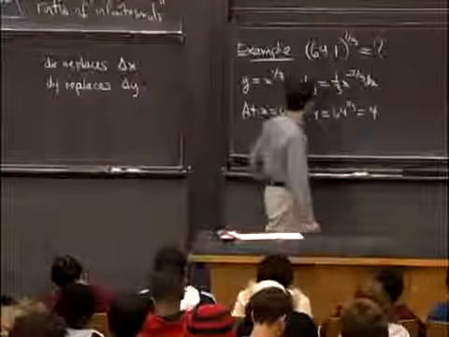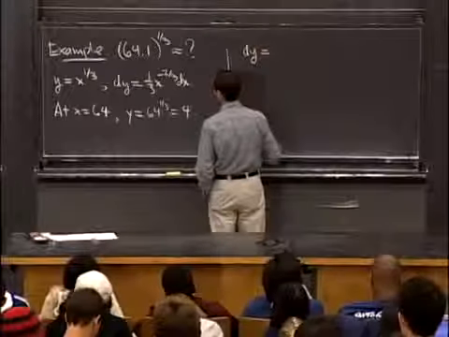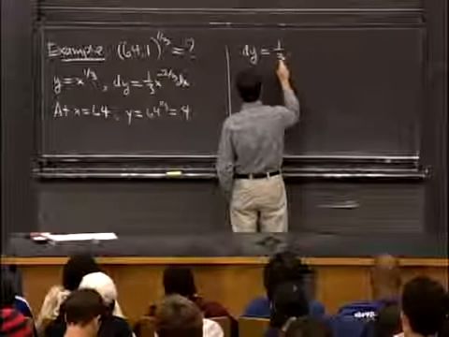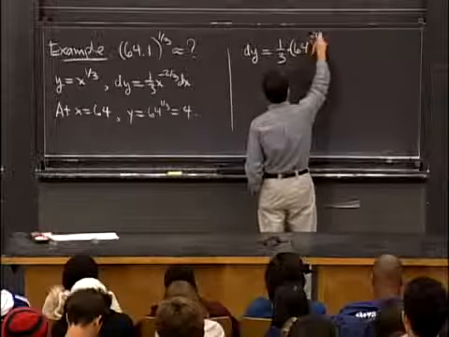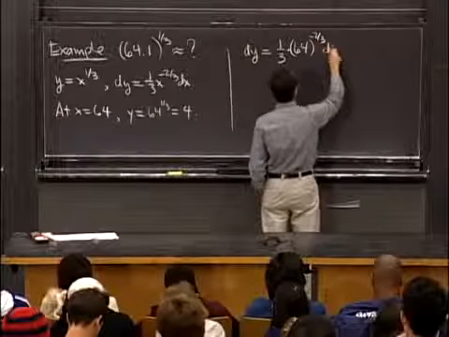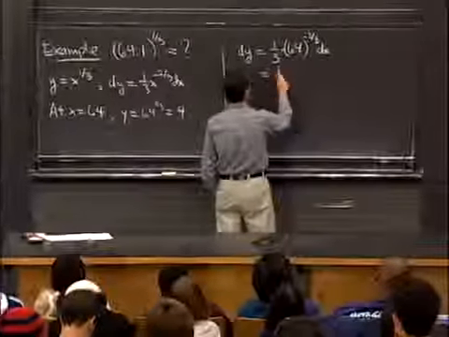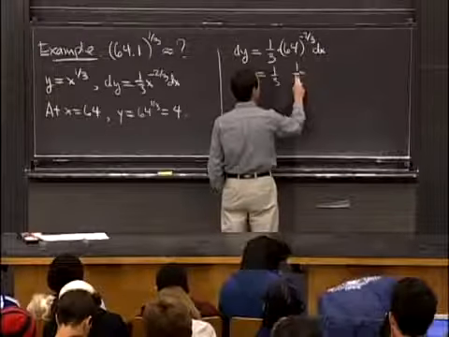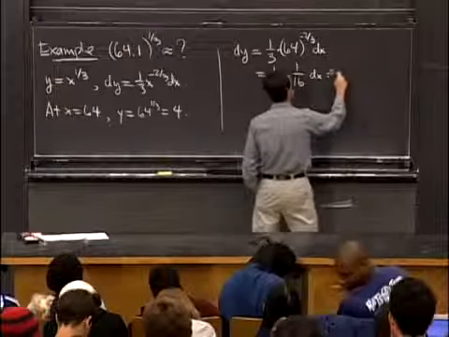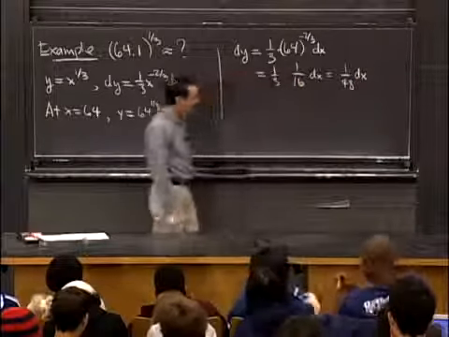Well, this is a little bit more complicated. dy is 1/3 times 64 to the minus 2/3 dx. And that is 1/3 times 1/16 dx, which is 1/48 dx.